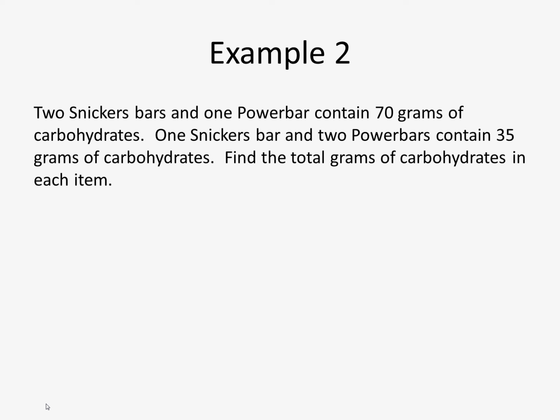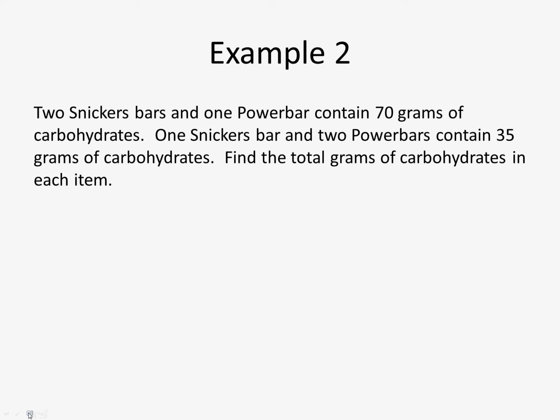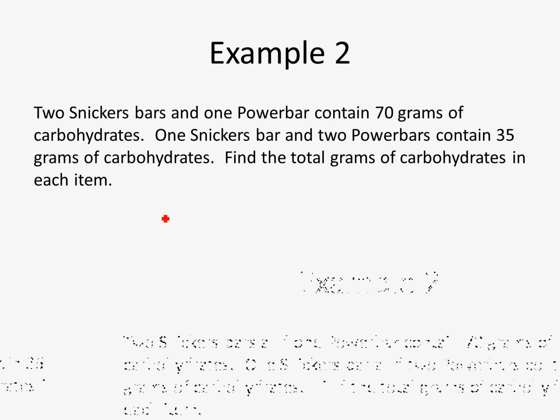So what we want to be thinking about is we want to set up equations that make sense. What do I mean by that? Well, I mean that they're going to be consistent. So first, let's choose variables so we know what we're talking about.